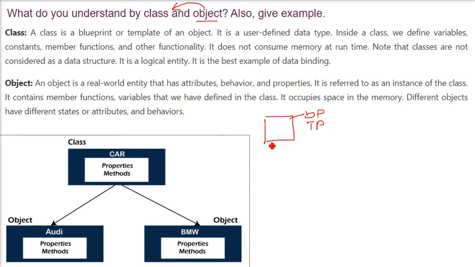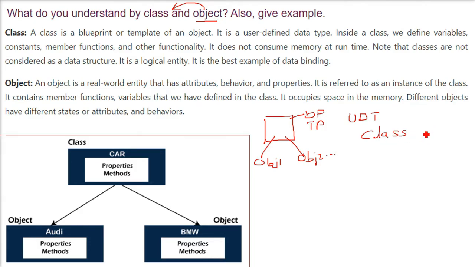In order to make an object, you have to make a class, and then you can make multiple objects from a single class. Since you are making this class, it is a user defined data type, because you are the maker of the class.